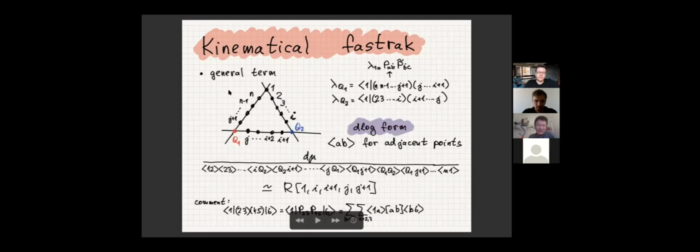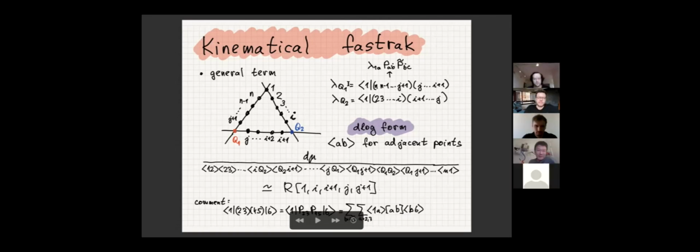Okay, so now the same story holds for general n, when the term which is relevant in BCFW has this configuration of points in G3n, and we can again identify these two intersection points, Q1 and Q2. We can kinematically identify them by their lambdas, as certain spinors. Then the D-log form that we would write on this configuration is again just the product of all these adjacent angle brackets.